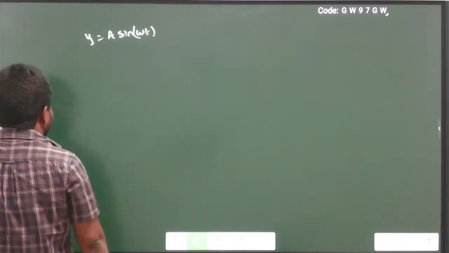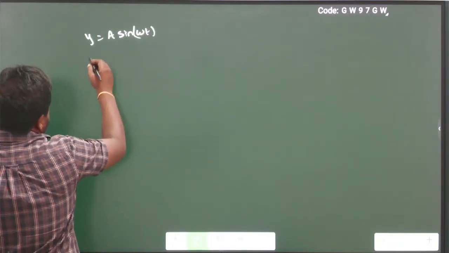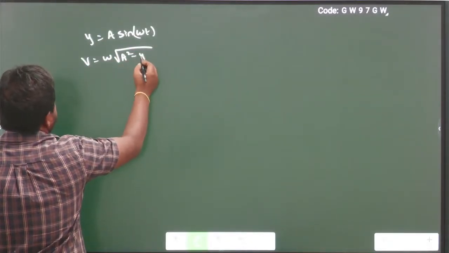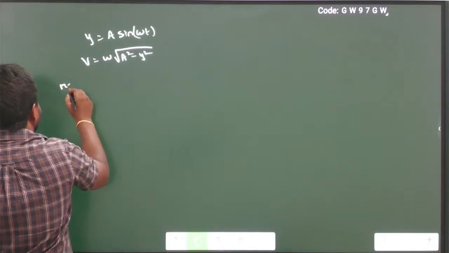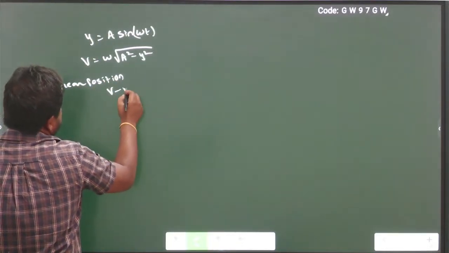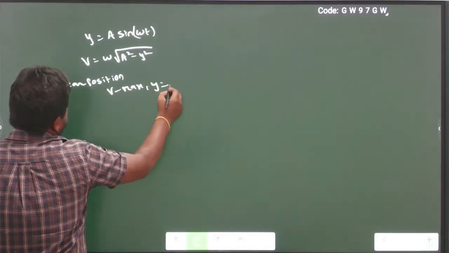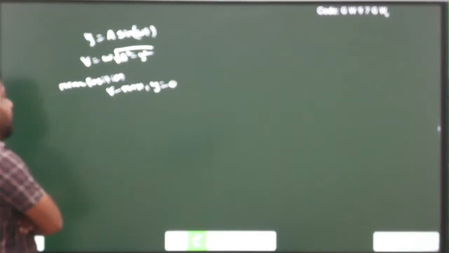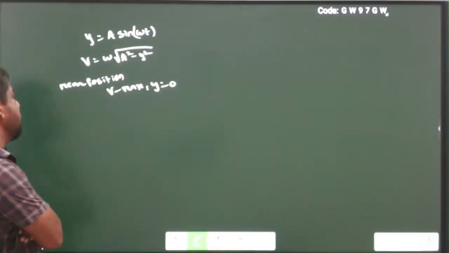From extreme to mean, it will be y is equal to a cos omega t. Velocity is given as omega into root of a square minus y square. At the mean position, velocity will be maximum and displacement will be 0.